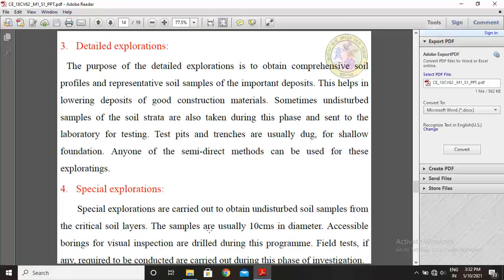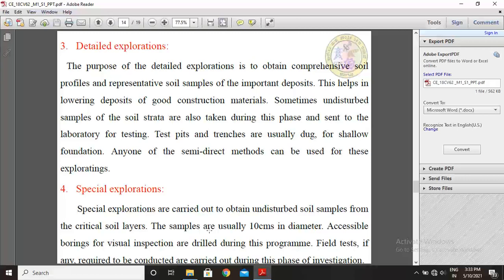Next, detail explorations. The purpose of the detail explorations is to obtain comprehensive soil profiles and representative soil samples of the important deposits. This helps in locating deposits of good construction materials.